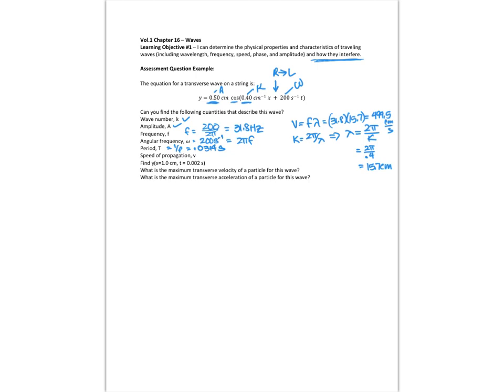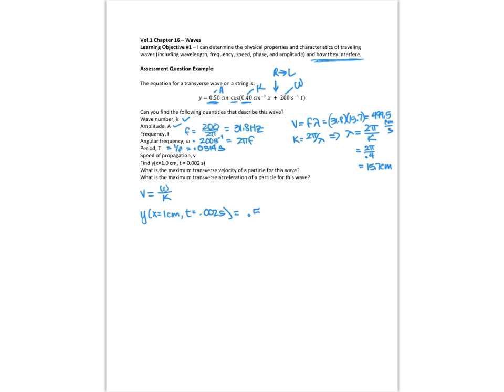Just a reminder, v could also be found by taking omega over k. Remember, I discussed that in class. Now, we're asked to evaluate this function at x equals 1 centimeter and t equals 0.002 seconds. It's literally just plugging in those values for x and t.